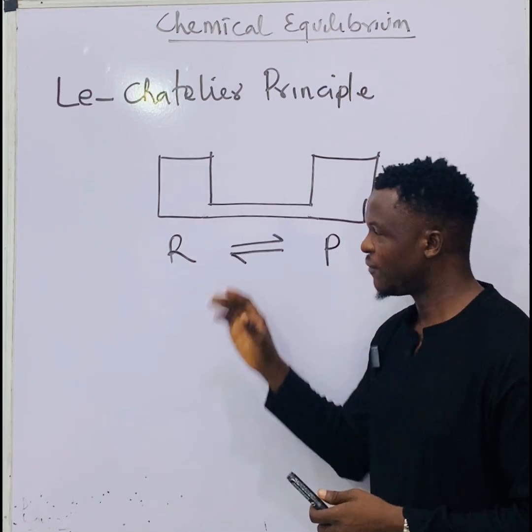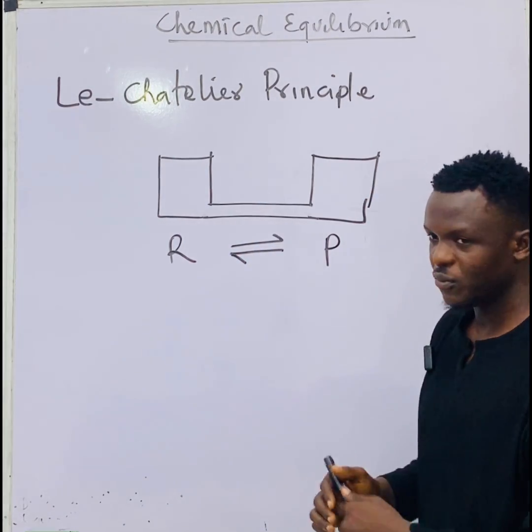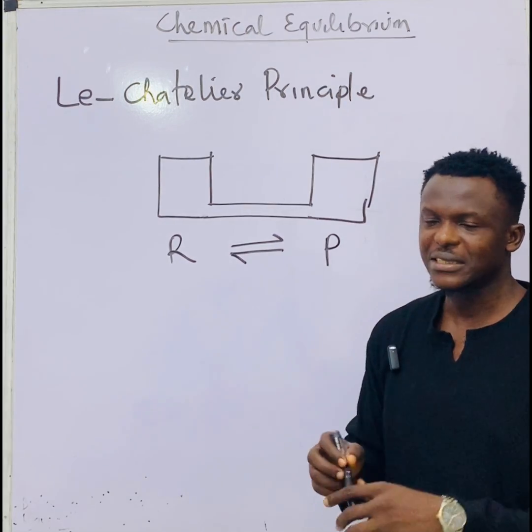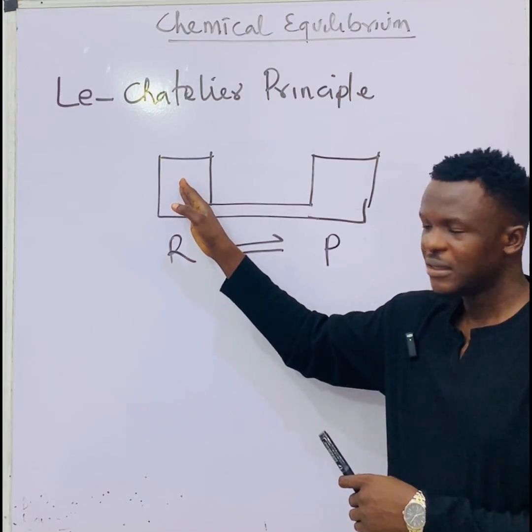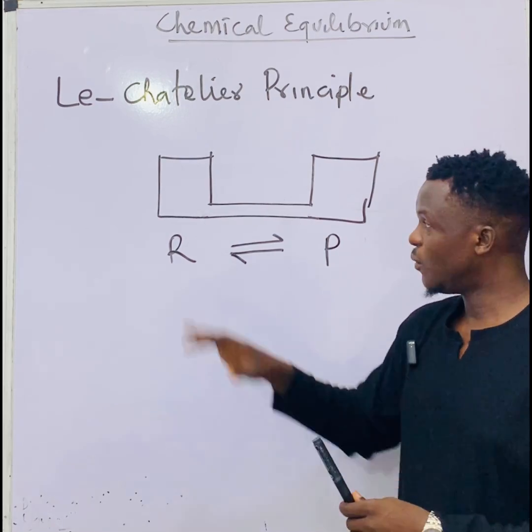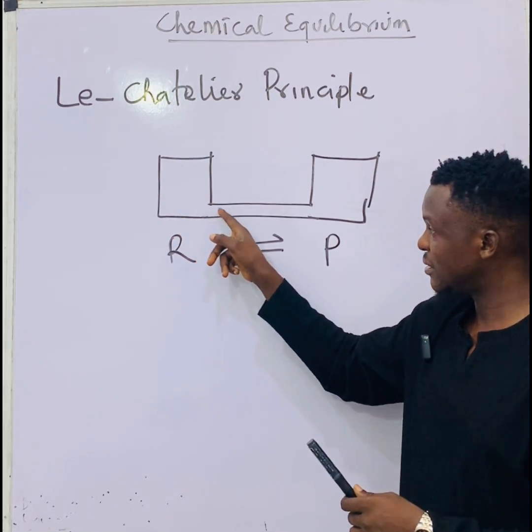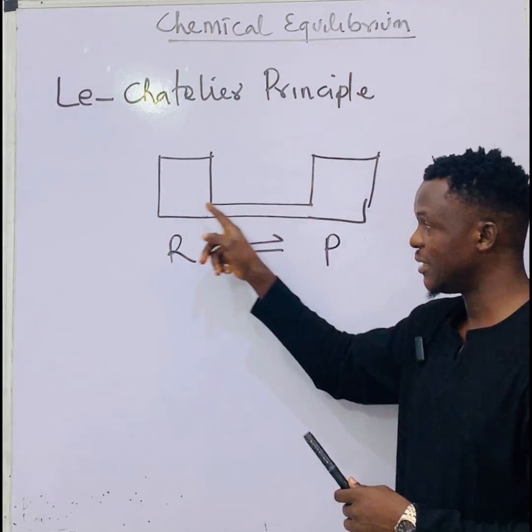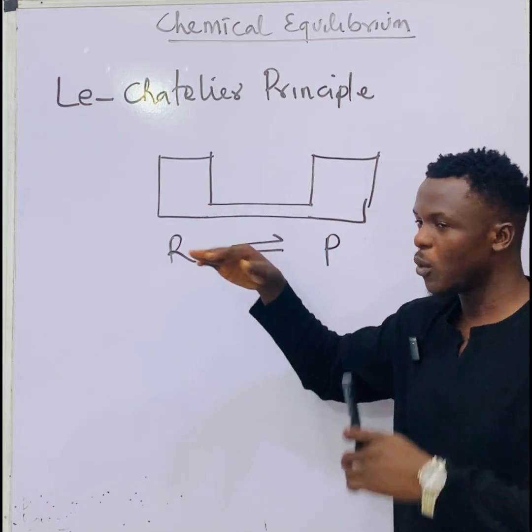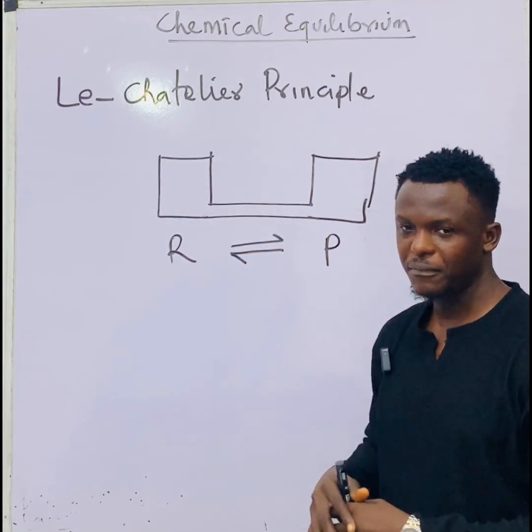I have created an equilibrium system with this diagram. What this simply means is that at every point in time, the water level in these two tanks will always be the same. As long as there is a pipe joining these two containers at the bottom, these two are in equilibrium. The water level will always be on the same level.